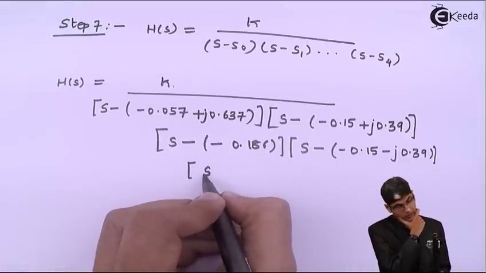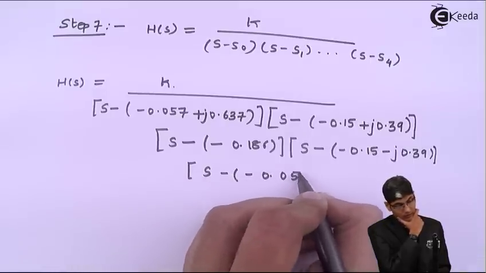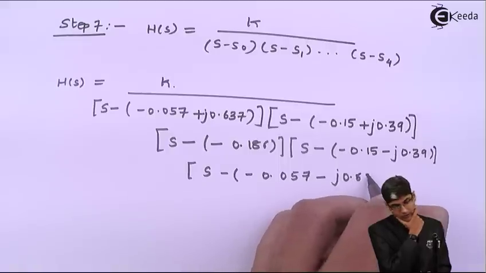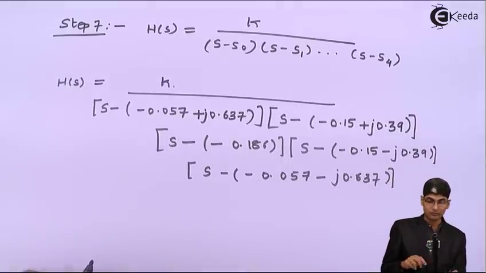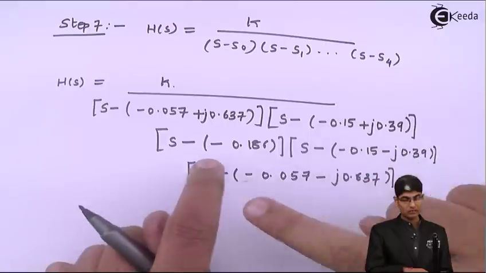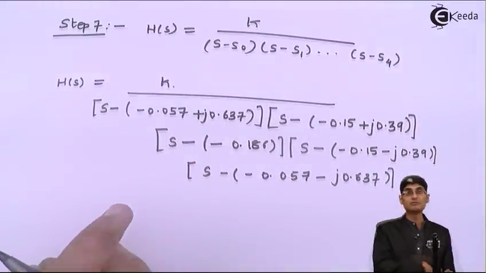Then lastly S minus minus 0.057 minus j 0.637. These are the factors that I am getting. Now you can see here I can combine these two, then I can combine these two, and this will stay alone. So we have to do that now.